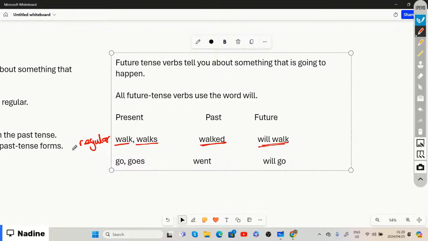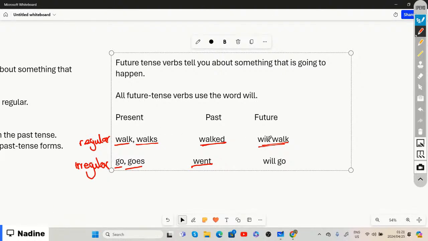But now we have our irregular verbs, right? If we were to say the present tense of the irregular verb, it would either be go or goes, we add es. In the past, we say went. You see, we don't say goed. We say went.